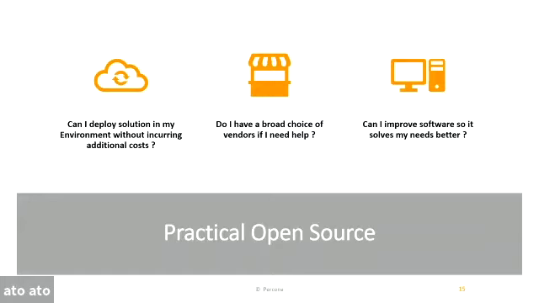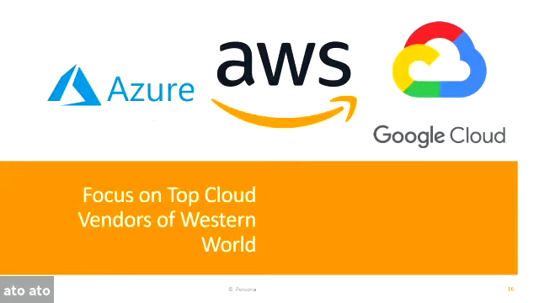So in our case, when you look at the cloud technologies, I will focus on the top 3 large cloud vendors in the Western world: AWS, obviously, Google Cloud, and Azure.